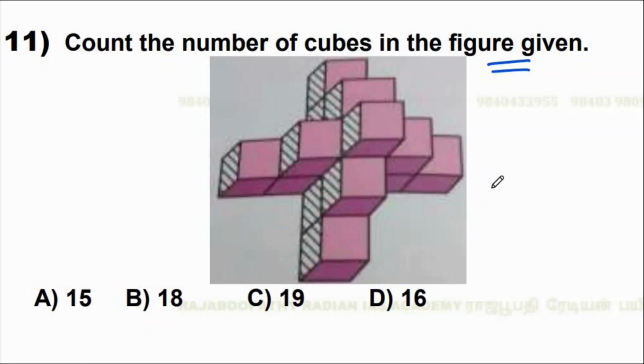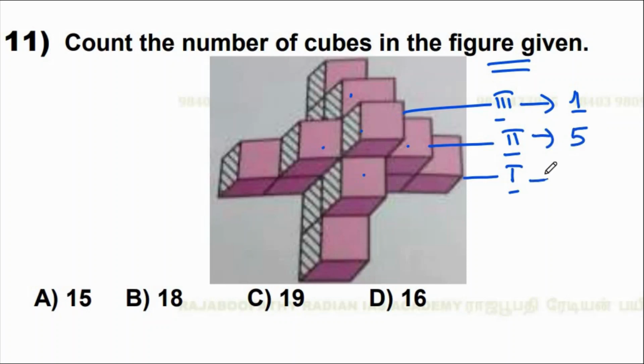There are 3 floors. You can say this is the first floor, or the ground floor, or you can say this is the first floor, this is the second floor, this is the third floor. Third floor, how many cubes? Only 1. In the second floor, how many cubes? 1, 2, 3, 4, then under this, therefore the second floor is 5.